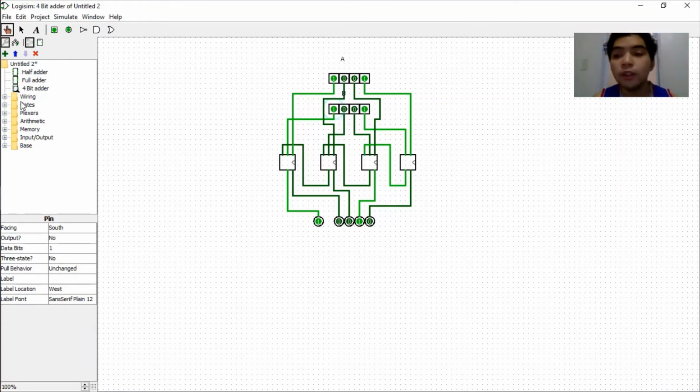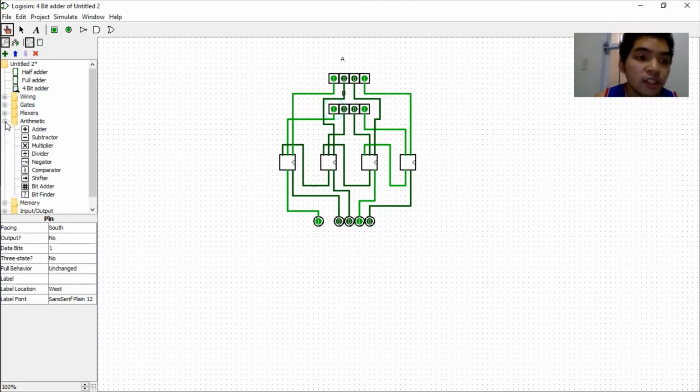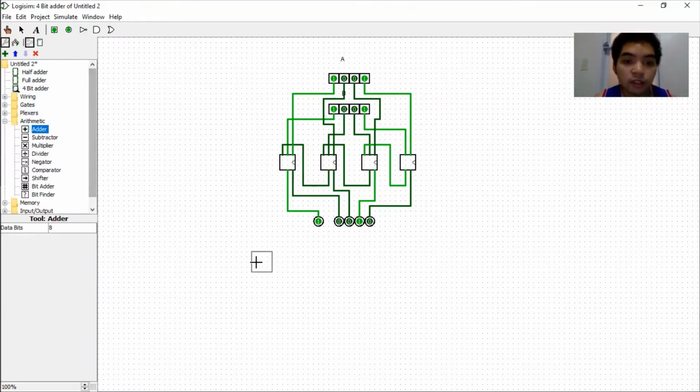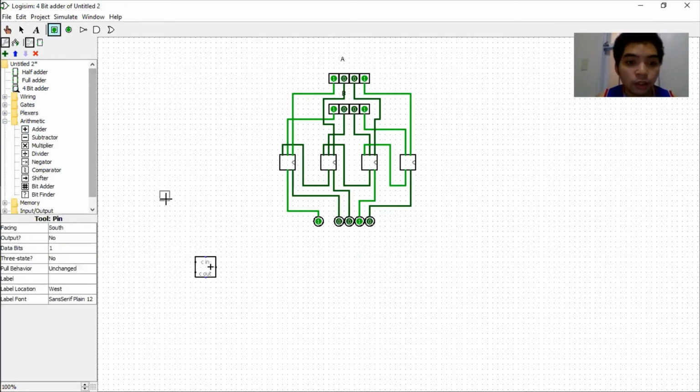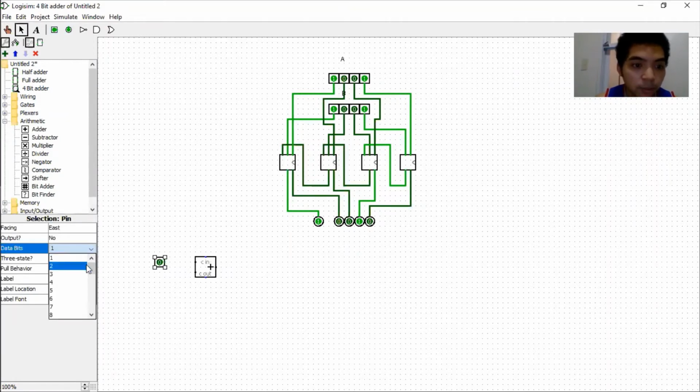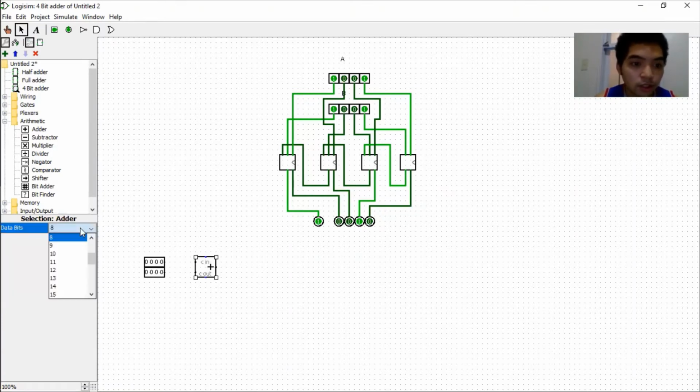So that's a functional 4-bit adder. But we can also make a 4-bit adder by only using this. So this is the adder, right? So we need to have an input. If we try to make a 4-bit, we need to change the data bits into 4. So this also should be changed to 4-bit.